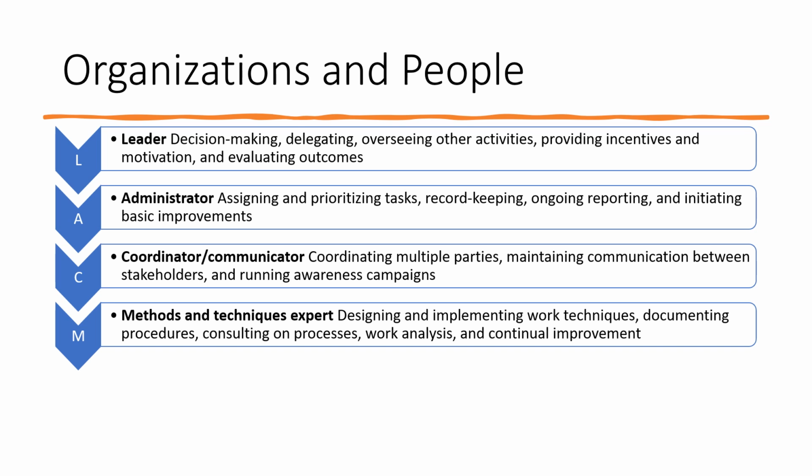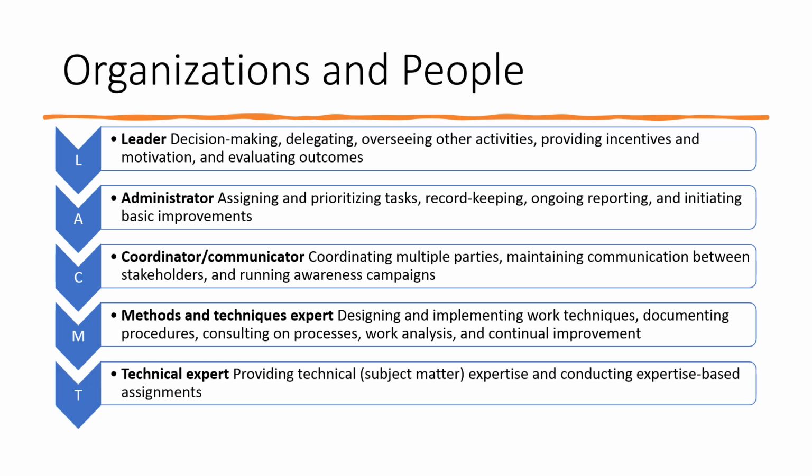Methods and technique expert: designing and implementing work techniques, documenting procedures, consulting on processes, work analysis, and continual improvement. Technical expert: providing technical subject matter expertise and conducting expertise-based assignments.